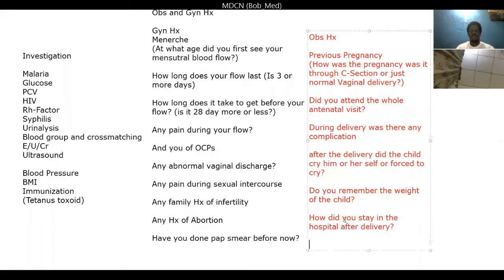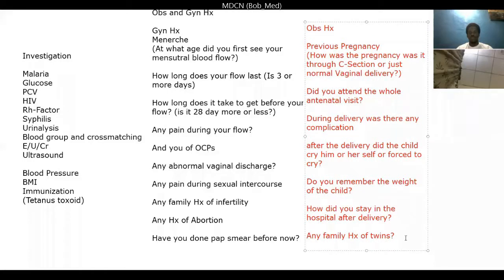These are very important questions. After delivery, you also want to ask about certain family history, like family history of twinning. This is a very important question. Any family history of twins? Please take note. It's a very, very paramount question.